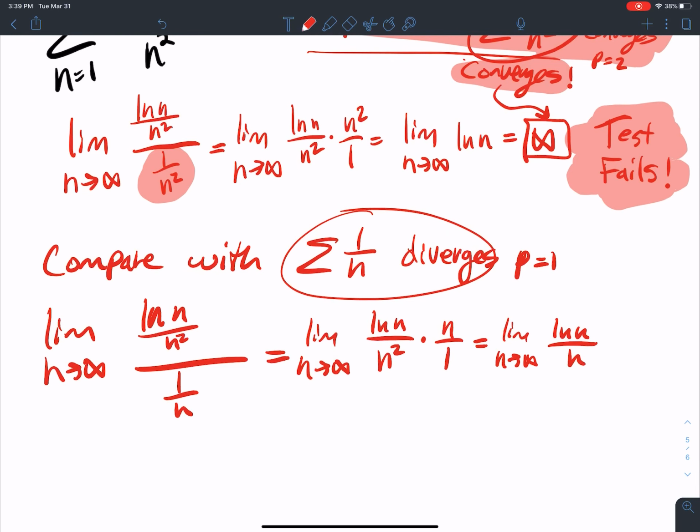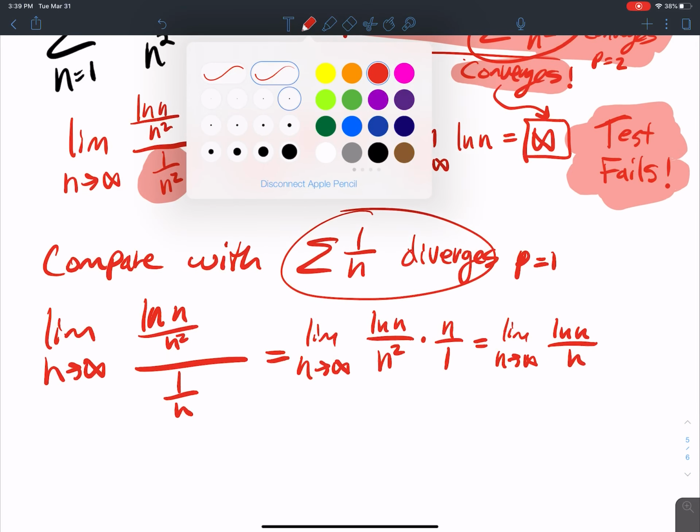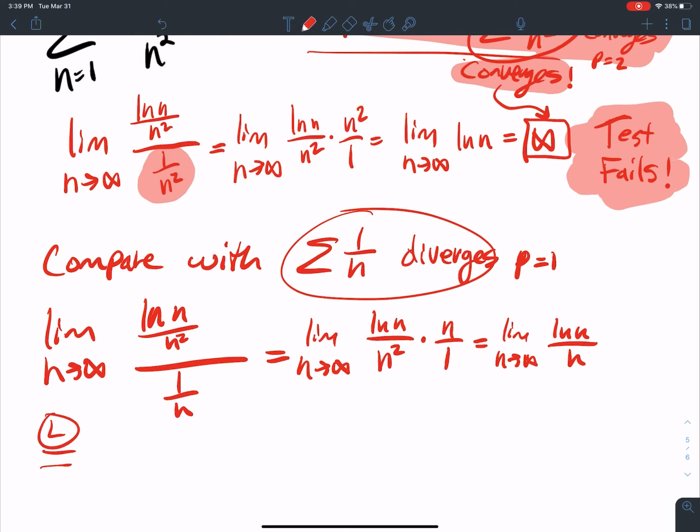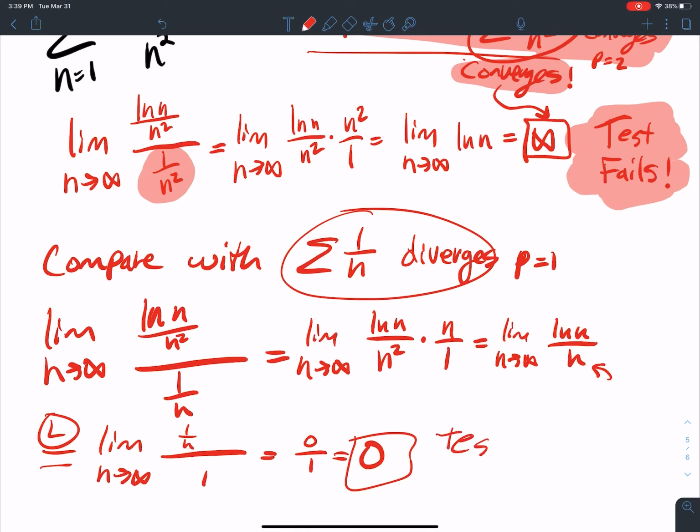I do L'Hopital's rule. Take the derivative of the numerator. Derivative of ln n is 1 over n. Derivative of the denominator, derivative of n is just 1. And whenever I plug in infinity, I get 0 over 1, which is 0. Well, dadgummit, the test fails again.